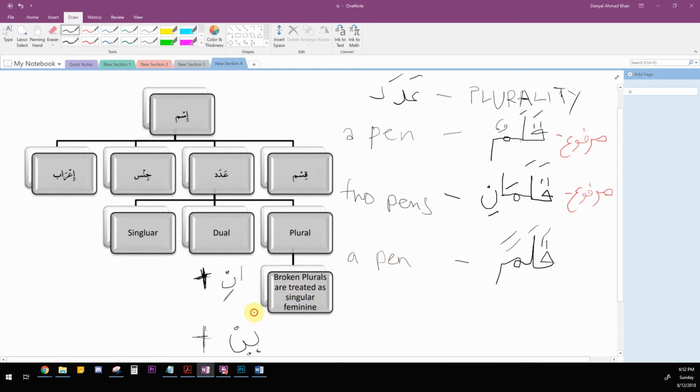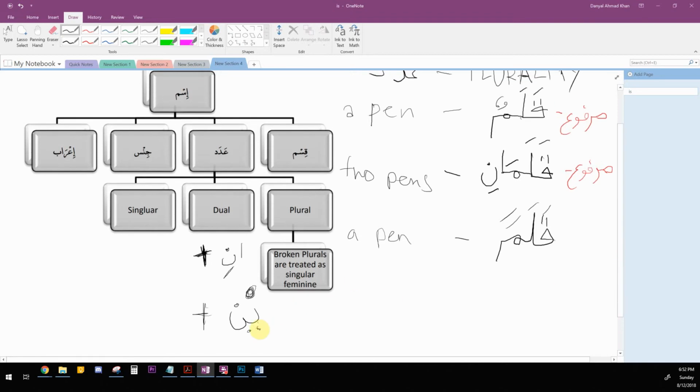And now this has the sukoon, and this is going to have the kasra on it. If we add this here, it's going to be qalamayni. Qalamayni, and this is two pens.